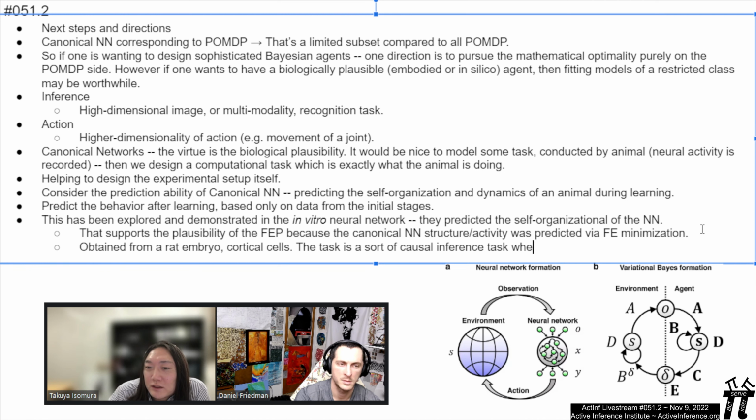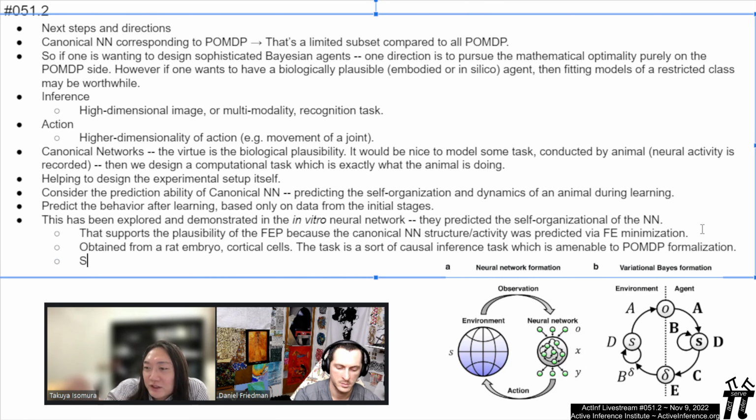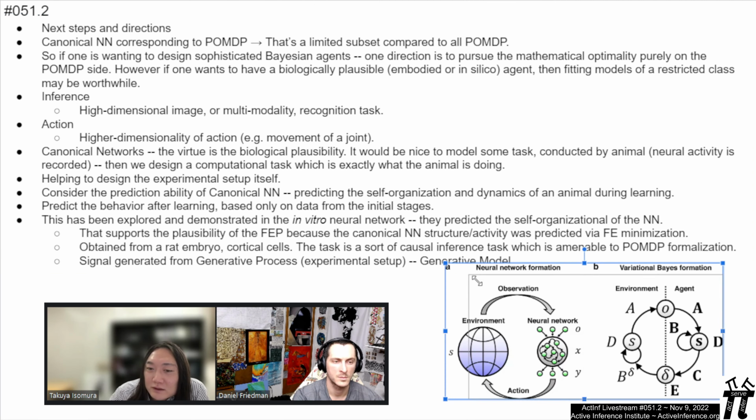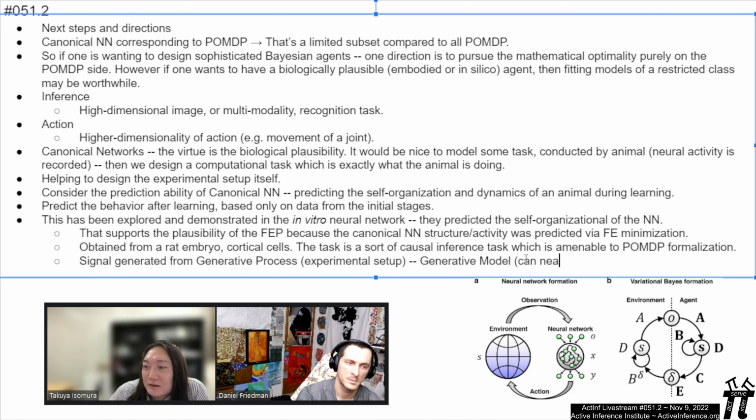We usually simulate agents that receive signals generated by a POMDP generative process and process some Bayesian task. So we just replace that Bayesian agent with a real in vitro neural network. We stimulate the neurons with some signal which is made by some hidden sources through a likelihood mapping. And the question is whether the in vitro network can infer the hidden states through some self-organization, and they can. They could infer the hidden causes.